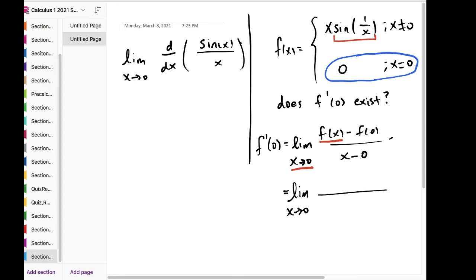Who cares what's happening at 0? We only care about what's happening around 0. So that's why we put x sine x, or 1 over x. And then what's f of 0? Well, it's 0, and divided by x.